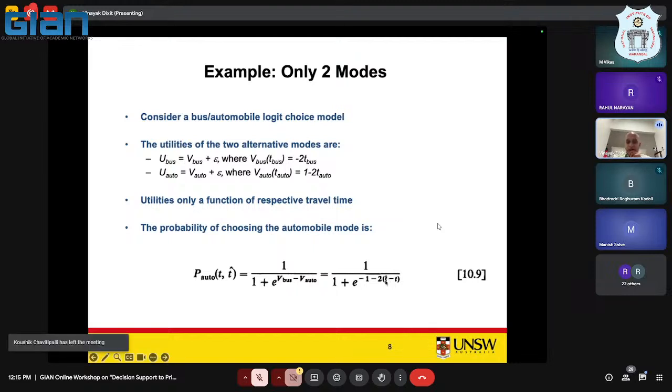So even if the travel times are equal, people are going to choose car. There's a higher likelihood of choosing car, which is basically because of this bias here on 1. And 27% would take bus if the travel times were equal.